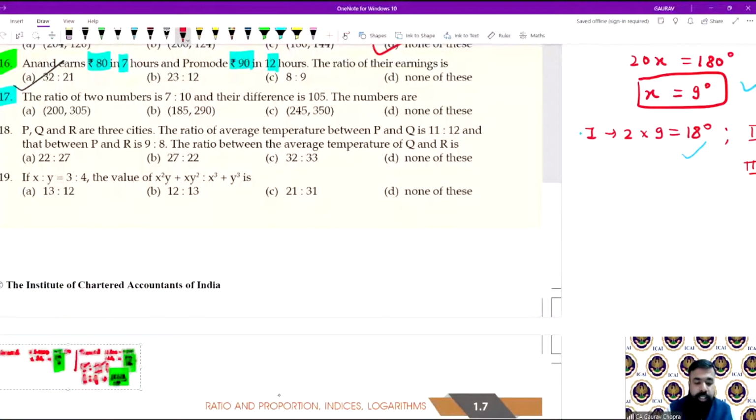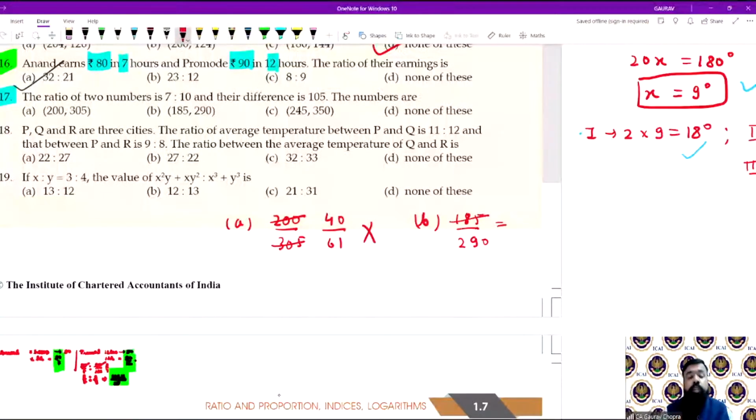So in 17, if we talk about option number A, we are getting 200 by 305. If we cancel using 5, we are getting 40 by 61. So this is not 7:10. So option A is wrong. Then check option number B. 185 by 290.